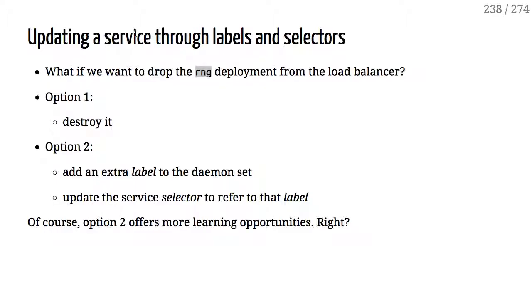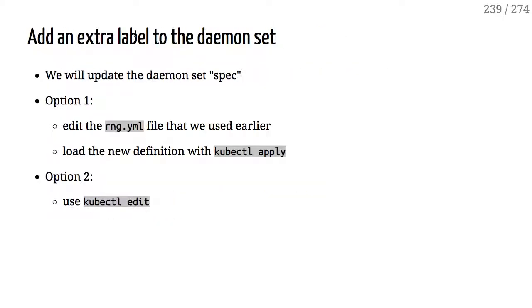So the solution that I offer here is, we are going to add an extra label to the daemon set, and then I think I'm going to just skip that part, because I want to show the rollouts after, and if I do that, we might miss time. Let's try anyway. So the idea, because that's really how I want to explain selectors and labels.